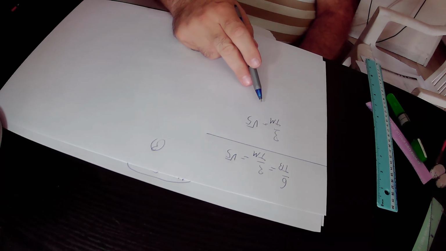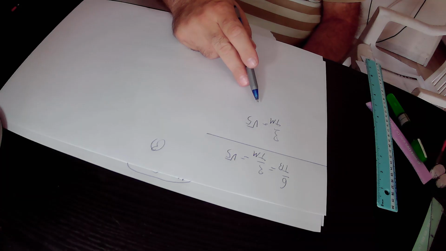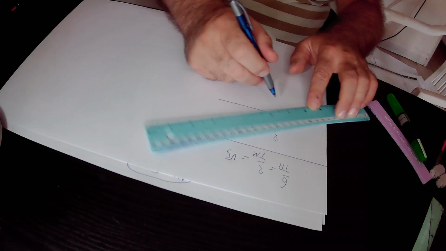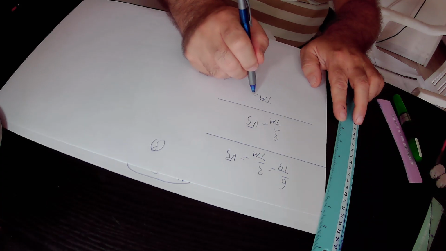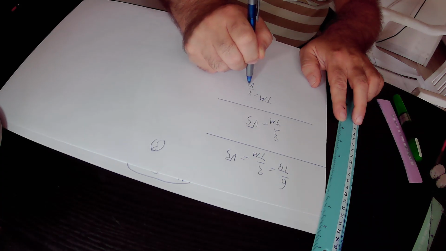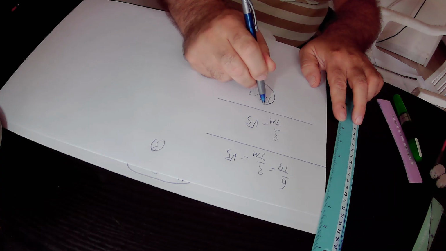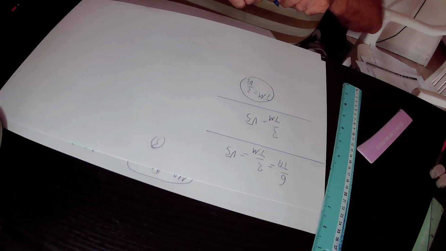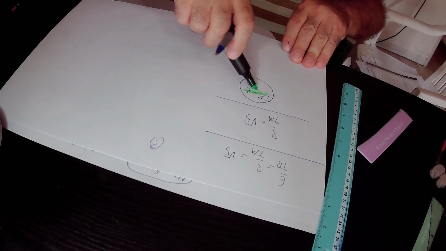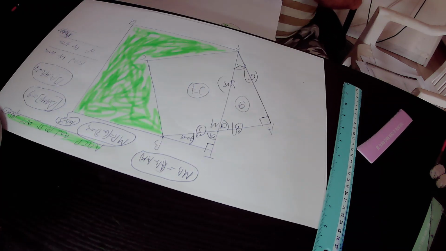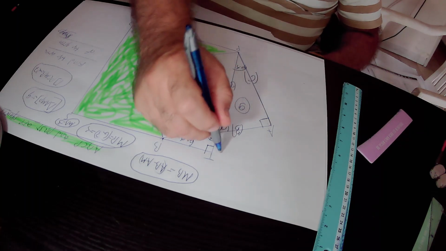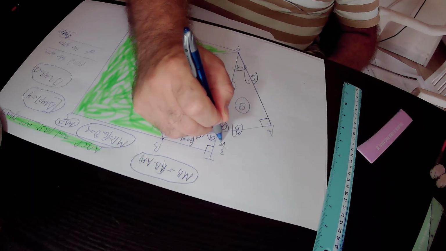Here we multiply this equation by TM and then divide it by square root of 5, and we get that the missing side TM is equal to 3 over square root of 5 units in its length.